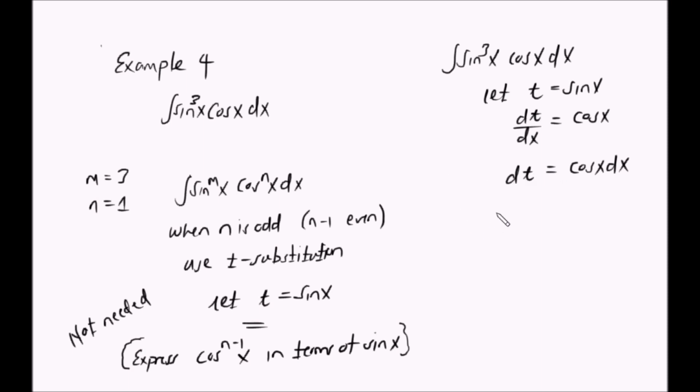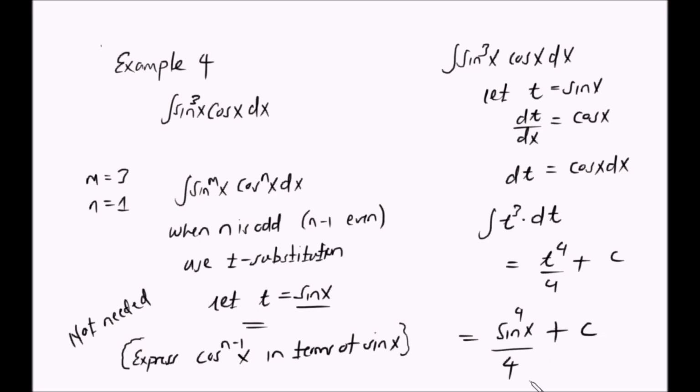So I can substitute there now: sin of x is t, so it's t cube, and cos x dx is dt. So integrating that, it's very simple, it will be t power 4 over 4 plus c. Wow. What is the final answer now? T is sin of x, so it's sin of x power 4 over 4 plus c.